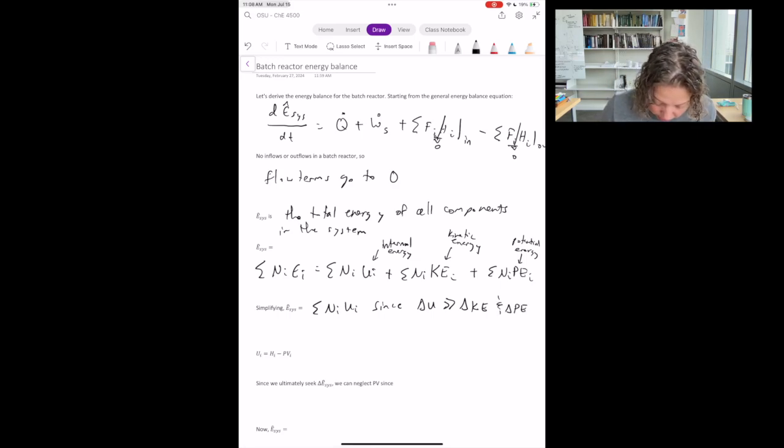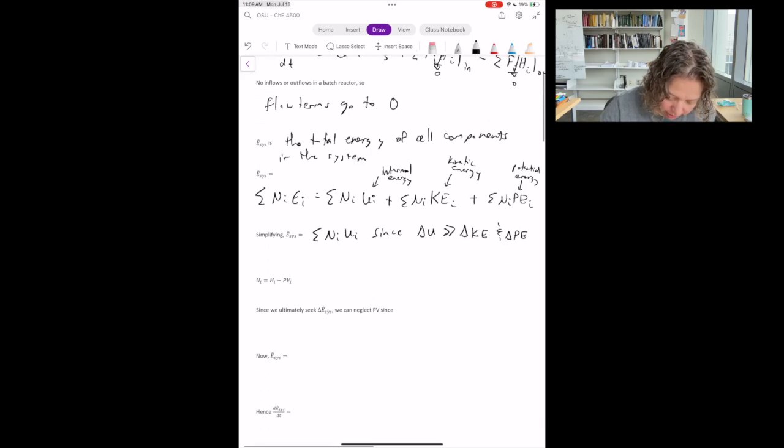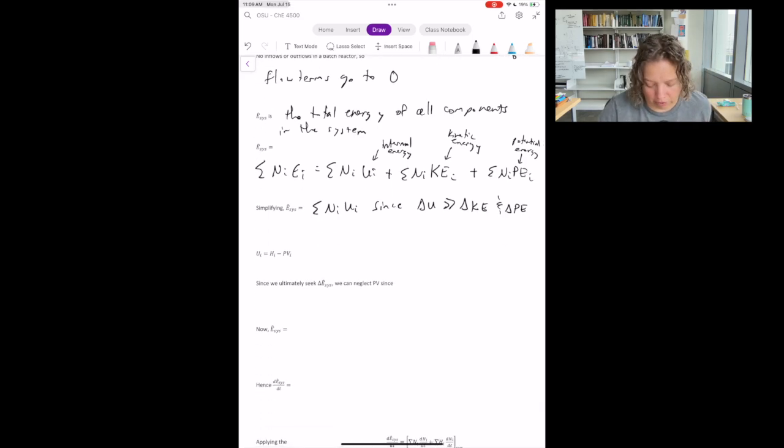Okay, so let's see here. I want to make sure that I'm capturing. Okay, yep. All right, so now we have this internal energy. We know from thermodynamics that internal energy is related to enthalpy. So internal energy is equal to enthalpy minus the pressure volume term.